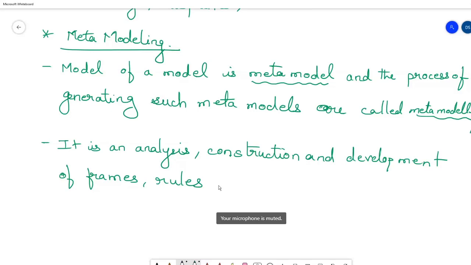Now, where can it be used? What is the use of meta modeling? It provides us the structure or a layout or a schema that needs to be exchanged or stored.